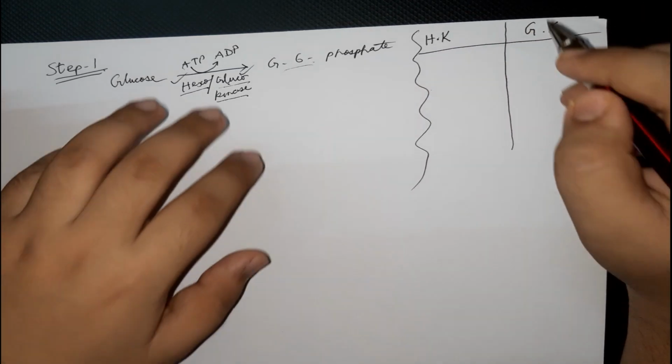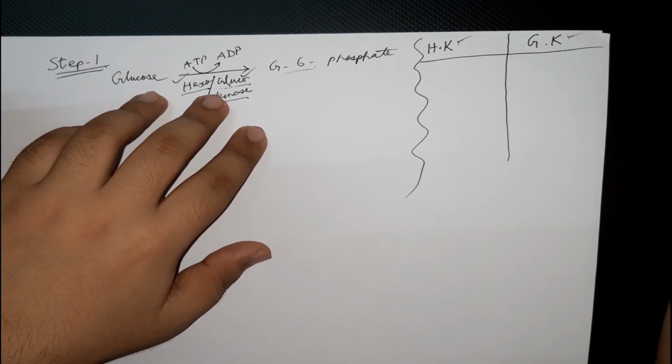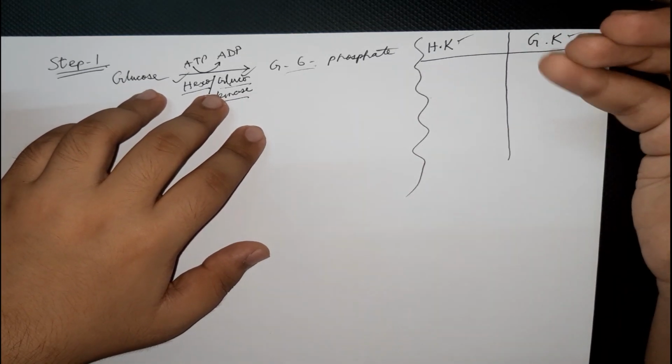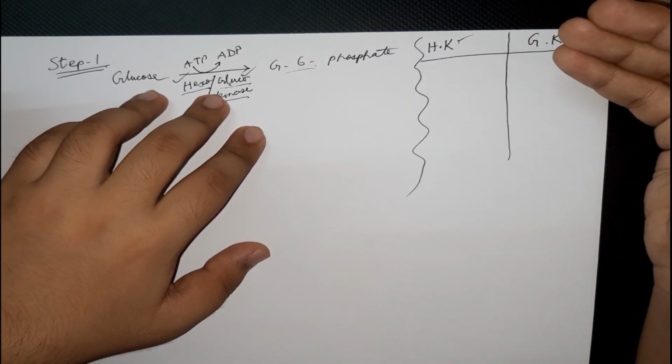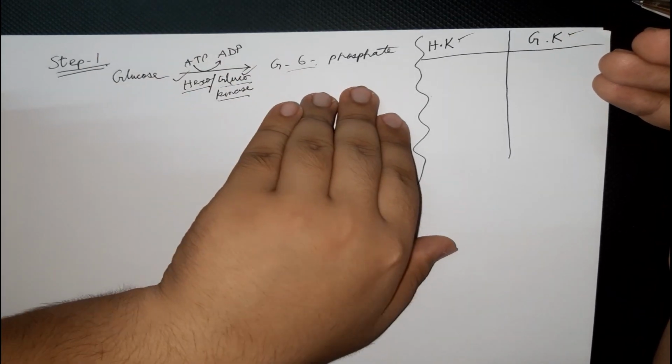Now listen to me very carefully. Both hexokinase and glucokinase are isoenzymatic forms of each other, so they have the same function. What is the same function? Glucose to glucose 6-phosphate.